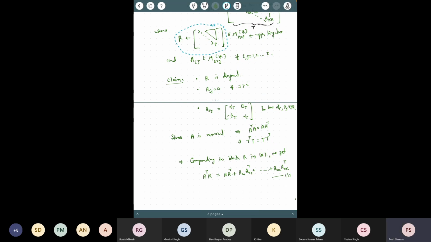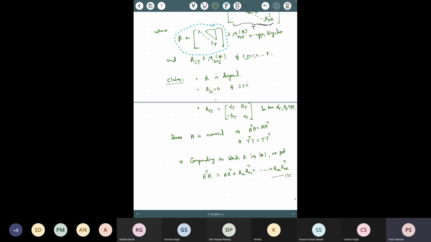So if I somehow show that R is normal, that means R transpose R is equal to RR transpose, and R is upper triangular, then this implies that all the off-diagonal entries are 0. Because of the same reasoning, if you compare both sides, you will see the off-diagonal entries are 0. So if an upper triangular matrix is normal, then this matrix is diagonal.